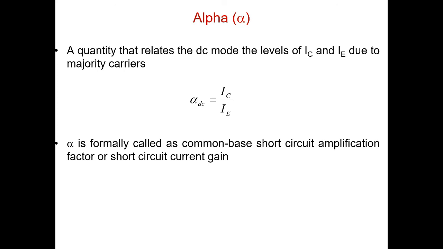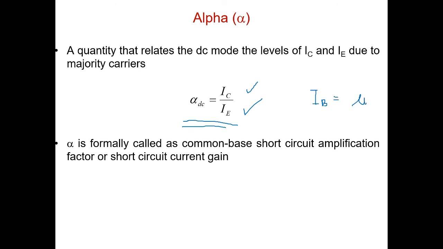Another value is alpha. Alpha is the short circuit current gain, or the ratio between IC and IE. You know that IB is very small, right?